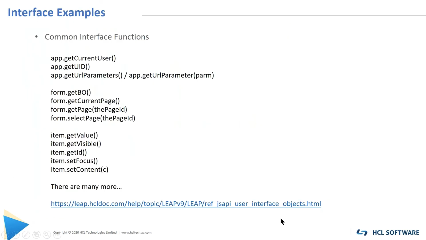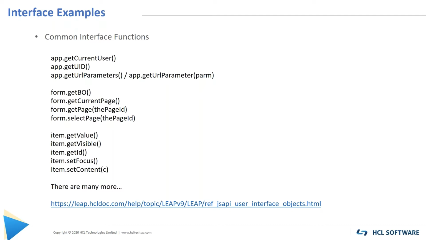Some examples of interface functions. All of these functions are documented in the documentation. Again, I've got the Leap link there, but the Volt link is later in the presentation. So things like get current user.